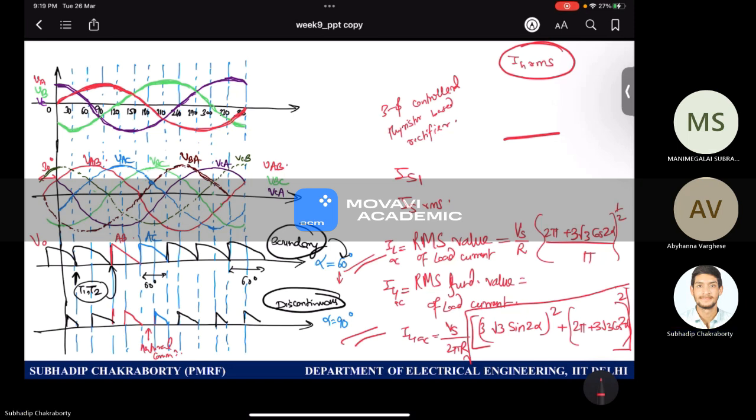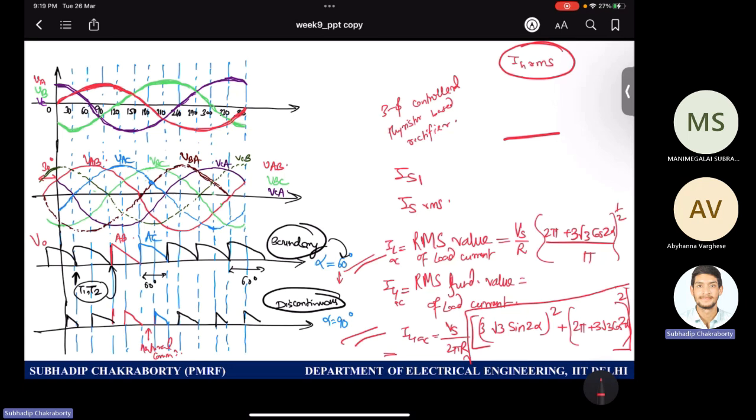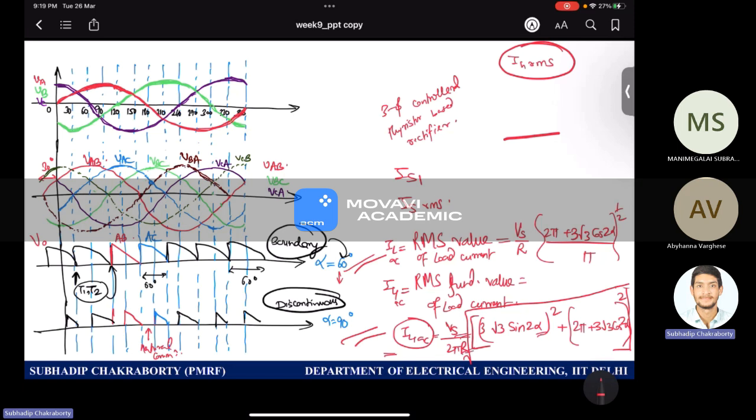Yes, it is correct. So IL1 AC, the fundamental of the supply side reflected load current, you get if you plug in the values, alpha is 45 degrees, and Vs and R you know, all are given in the problem: 12 ohms.